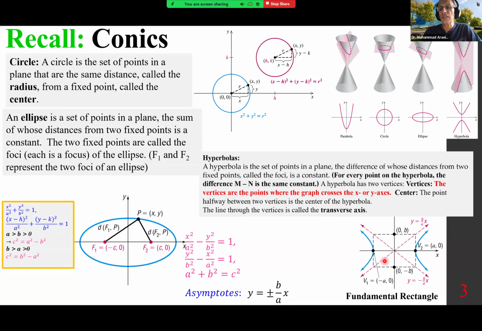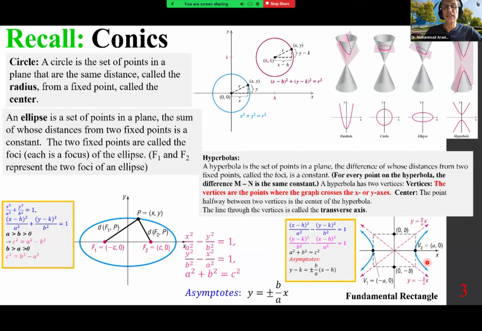Now, this is the hyperbola that opens sideways. This is called the fundamental rectangle. If you connect the diameters, this point to this point and this point to this point, it gives those lines that are known as asymptotes.